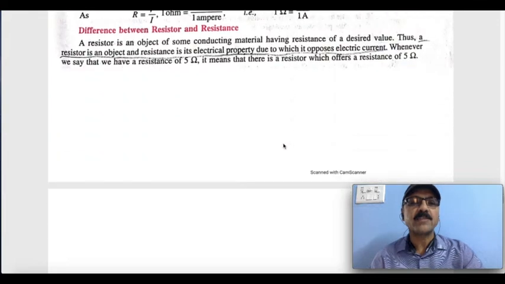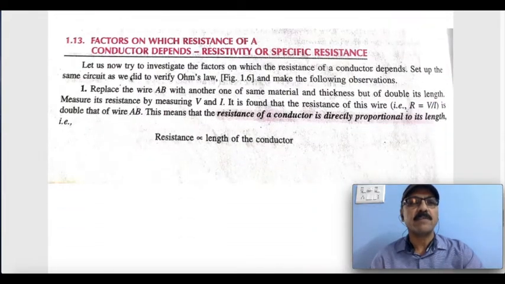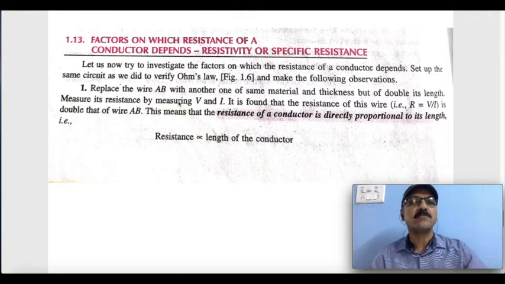Next topic is the factors on which the resistance of a conductor depends, or resistivity, or specific resistance. The first factor is that resistance depends on the length of the conductor. Resistance of a conductor is directly proportional to its length.